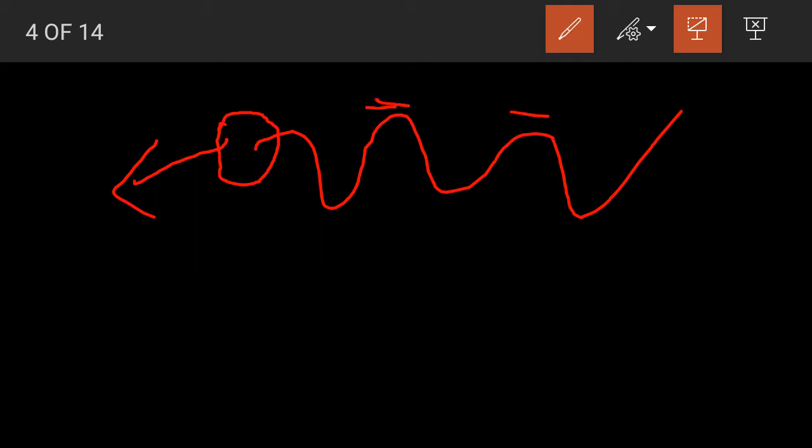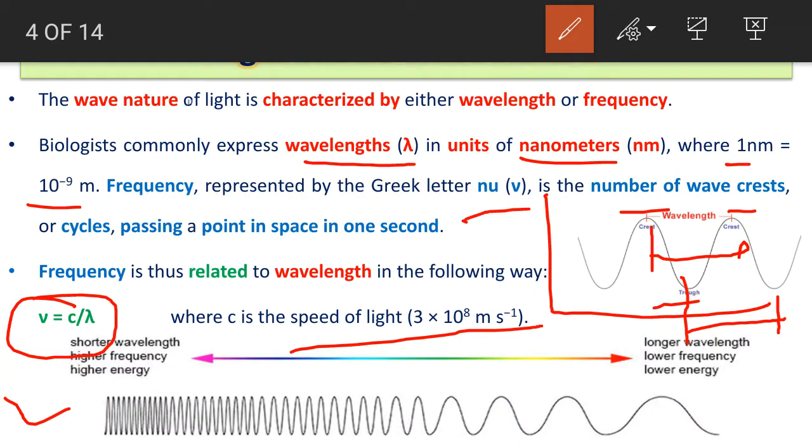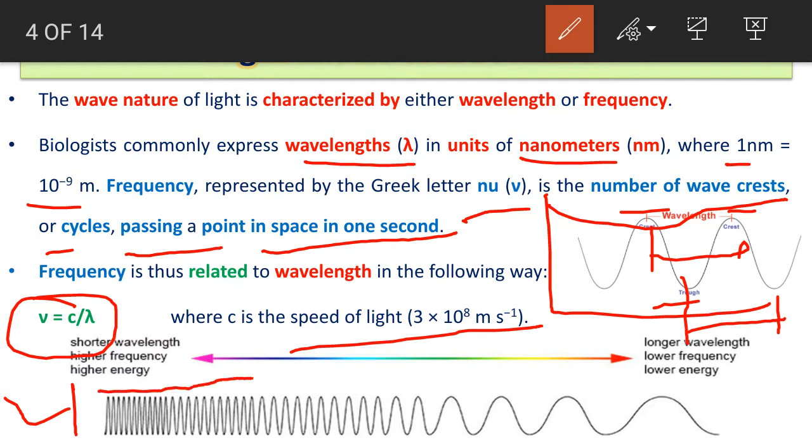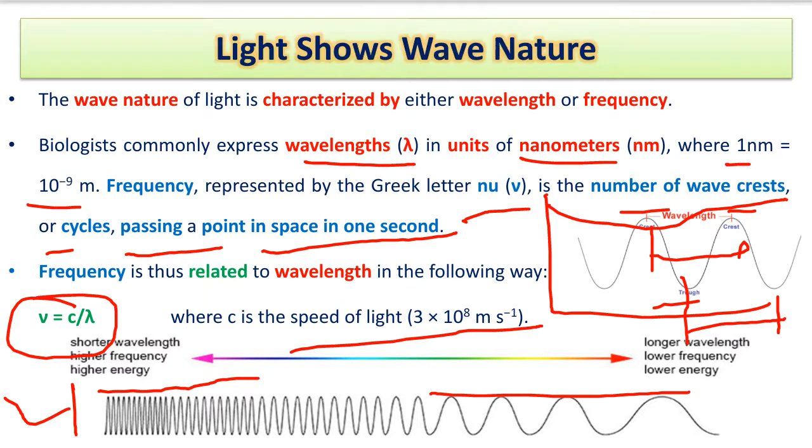The number of crests or cycles that pass through that point in space within 1 second is called the frequency. Here, as the wavelength is lower, the frequency will be higher. But for this portion, the wavelength is higher, so the frequency will be lower.